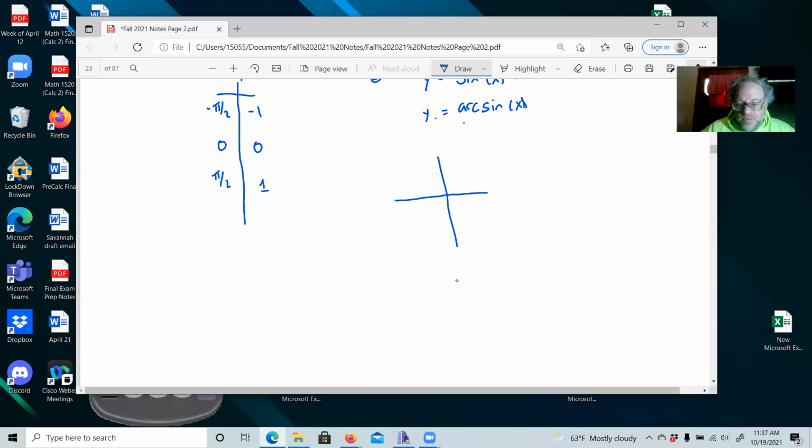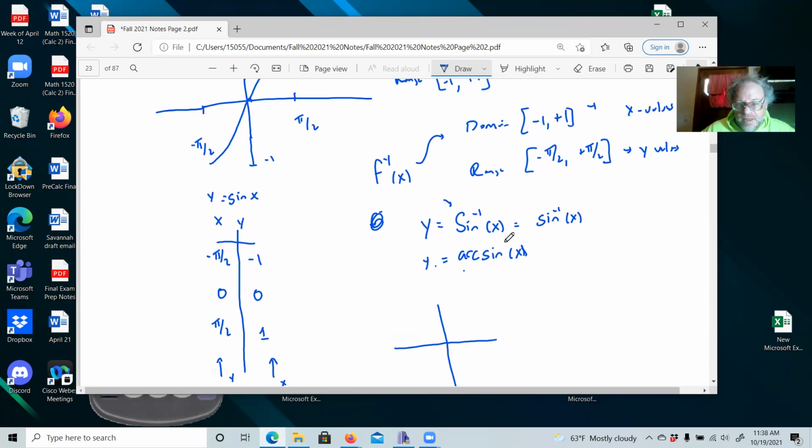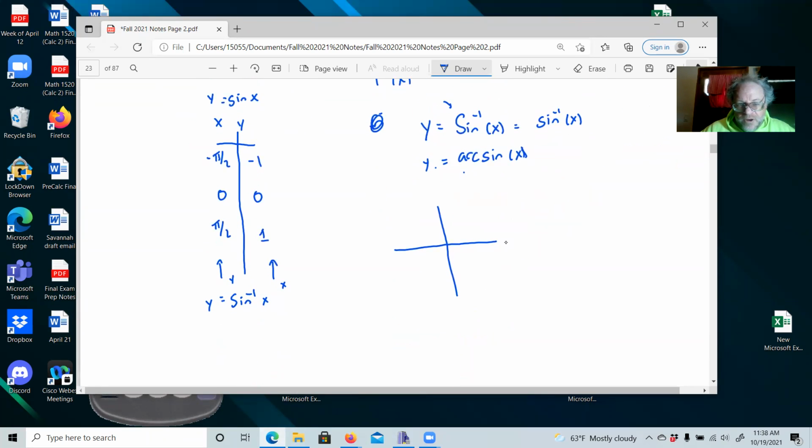So again, we change the domain and the range. Okay, so sine inverse, these are now my x values, those are my y values. So when we go to graph this, our x values, here's -1. What's the value of inverse sine at -1?